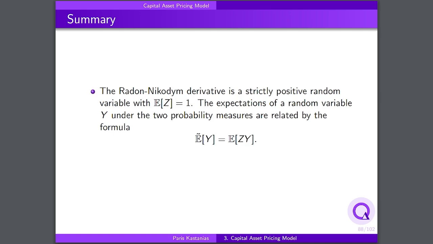The Radon-Nikodym derivative is a strictly positive random variable with the expected value of Z being equal to 1. The expectations of a random variable Y under the two probability measures are related by the formula: the tilde expected value of Y is equal to the expected value of ZY.